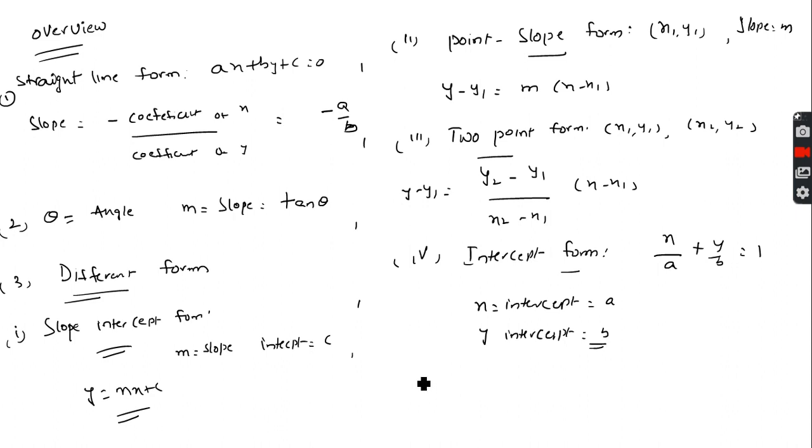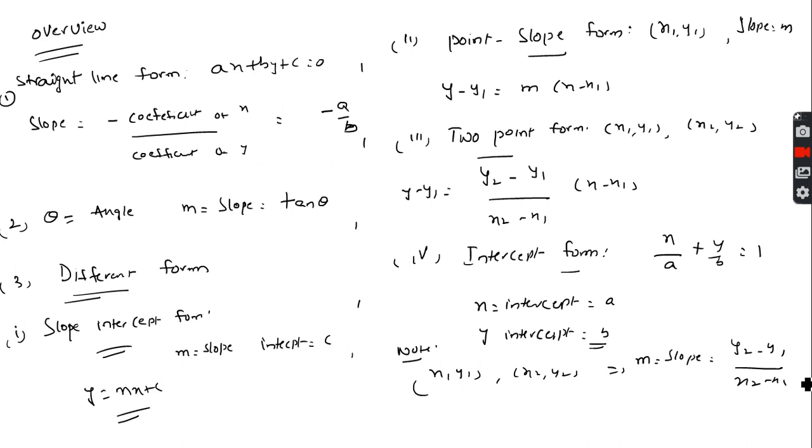And the fifth one is the slope of two points x1 y1 and x2 y2. This is a note. The slope m is y2 minus y1 by x2 minus x1. These are the various forms of straight line.